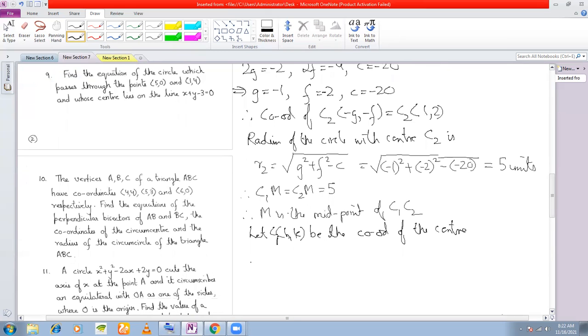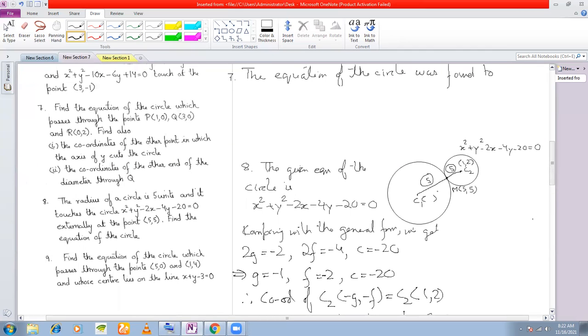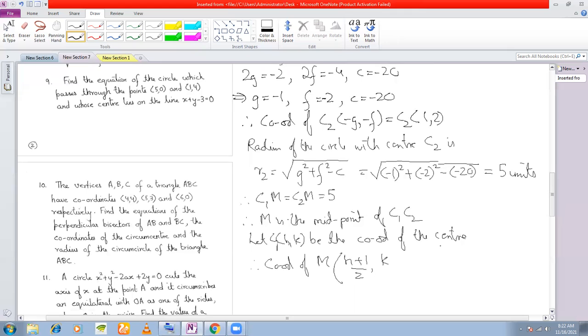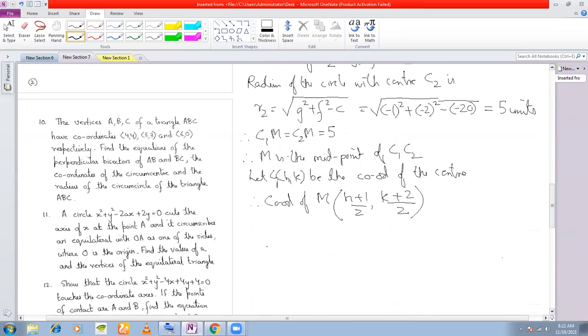So what are the coordinates of M from the midpoint formula? See that M is the midpoint of C1C2. That means if we have taken C1 as (h, k), the coordinates of M will be ((h plus 1) by 2, (k plus 2) by 2). And what are the coordinates of M given? (5, 5). So therefore (h plus 1) by 2, (k plus 2) by 2 must be equal to (5, 5).